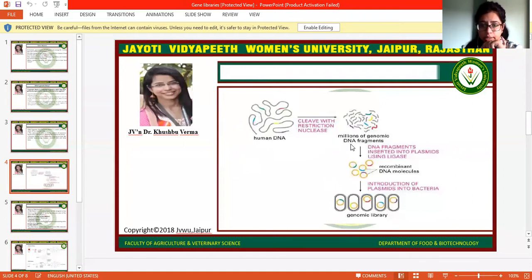This is the complete human genome DNA; we will digest it with restriction enzymes, and then we will choose the gene of interest. We will insert the DNA fragment or gene of interest into the plasmid, first by restriction digestion, and then we will seal it with the DNA ligase enzyme. That's how we get the recombinant vectors.